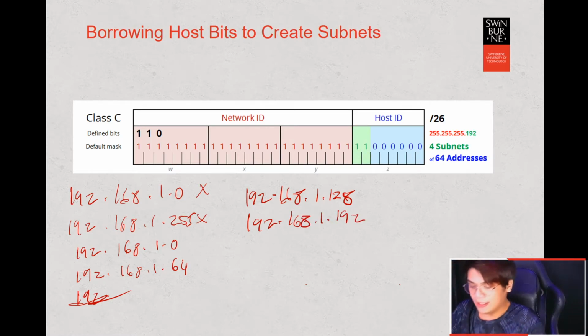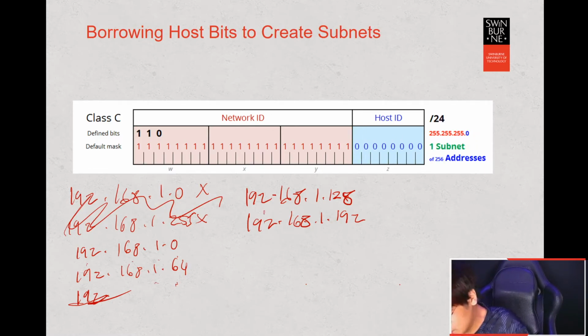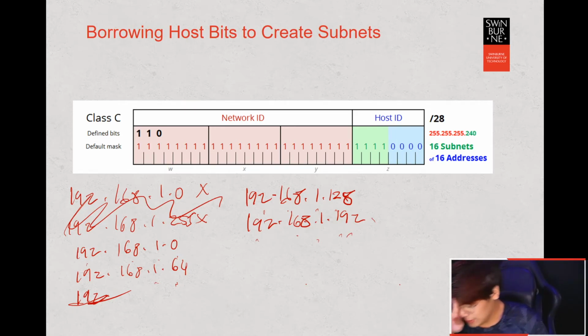Okay, again, for 4 subnets, we have 192.168.1.0, 192.168.1.64, 192.168.1.128, and 192.168.1.192.